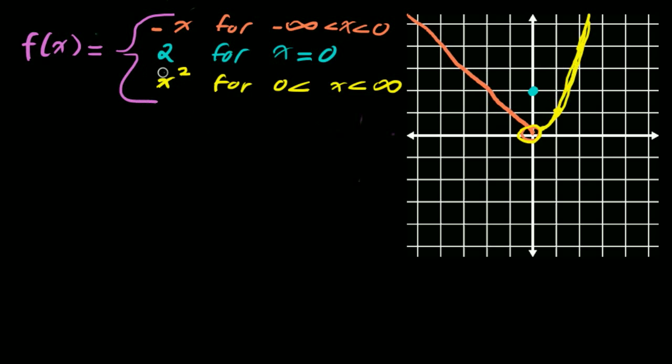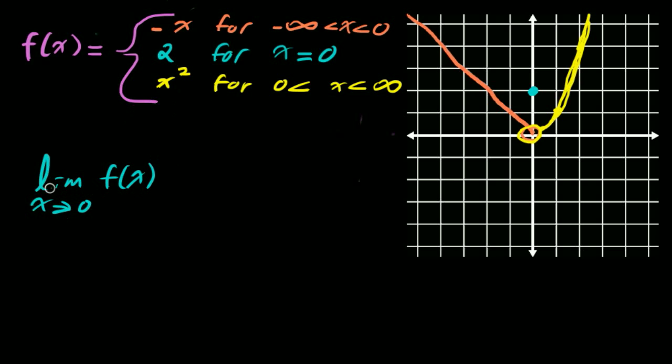And so now the question that I'm going to ask you is, what is the limit as x approaches 0 of this function f of x? I want you to think about this, and especially think about how we've been saying in these videos so far that we don't care what the function is actually defined as at the point we're talking about.